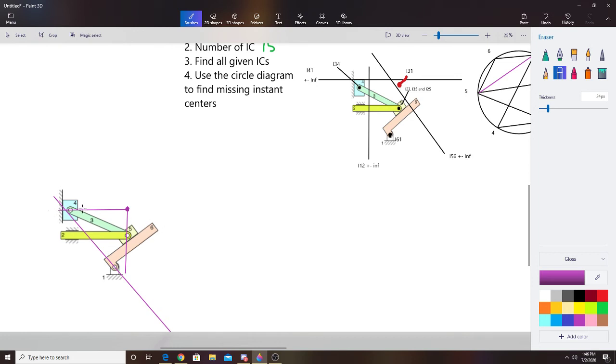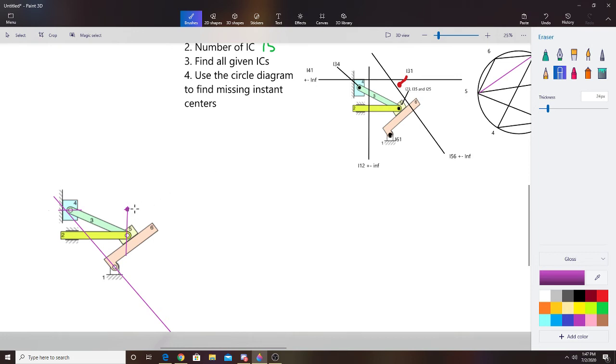What does that line look like to go from I13 to I35? I'm slowly erasing it away, so I've given you the answer. Does it happen to look like a horizontal line straight down, or a vertical line straight down?